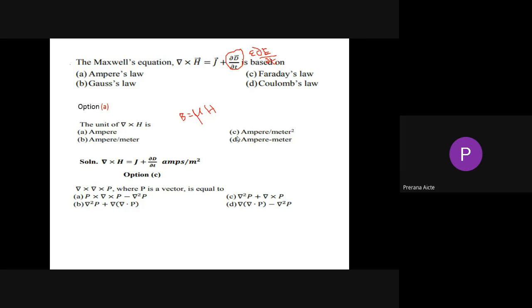So what is the answer? You can apply the distributive law. Already we discussed in the first class the commutative law and distributive law of vectors and scalars.